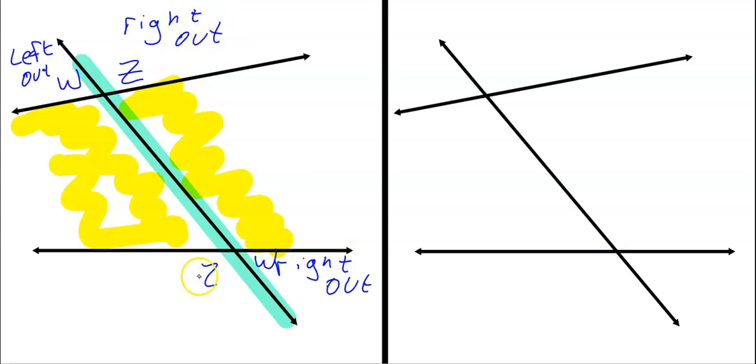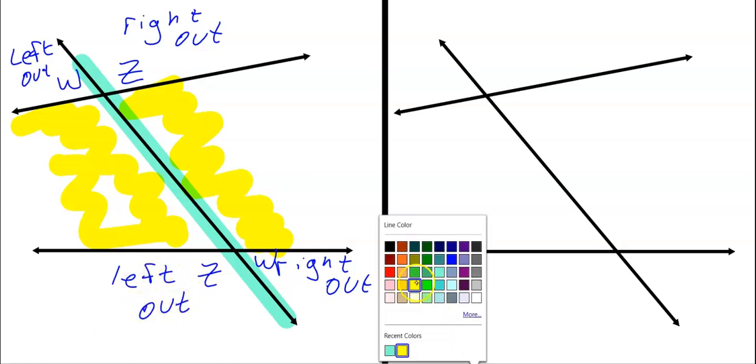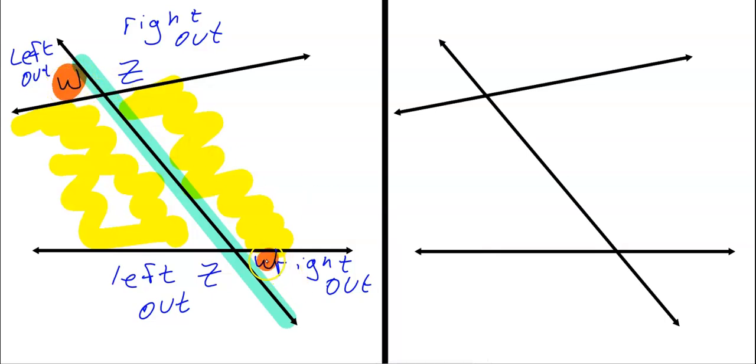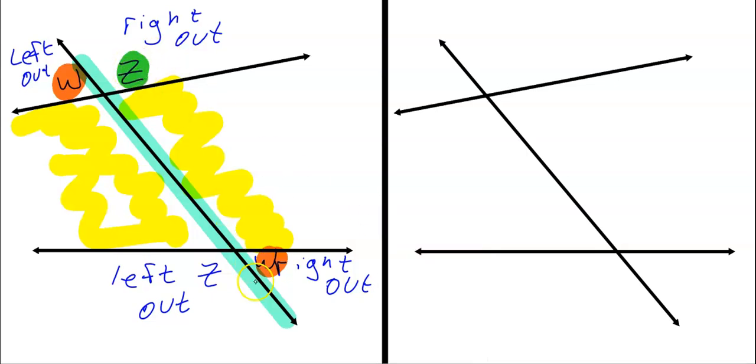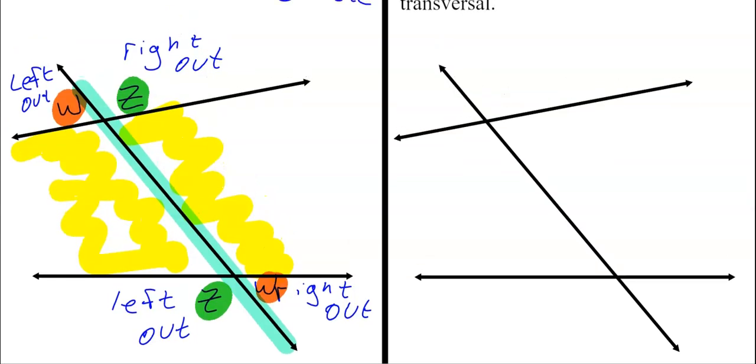And I could jump out on here with this Z, and that would be the left outside. So if I put a little color on that, that would have W go to W, and let's do a green, and that would have Z go to Z. All right, alternate exterior because they're on the outside.